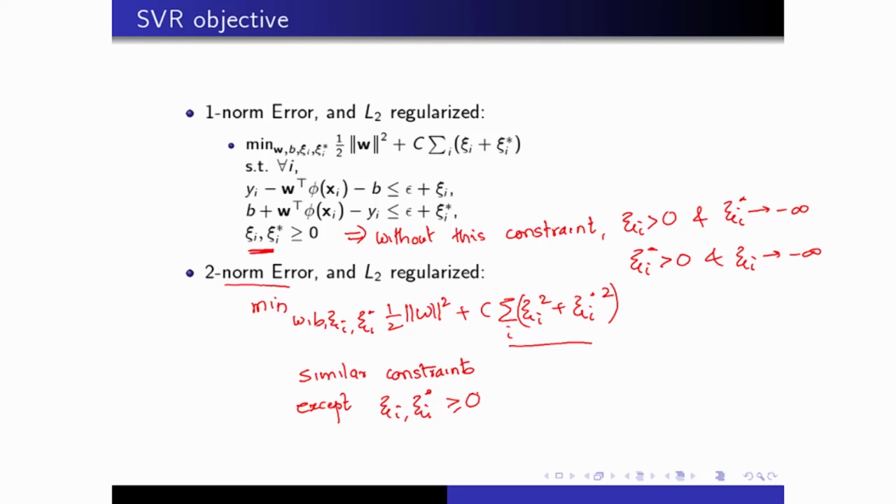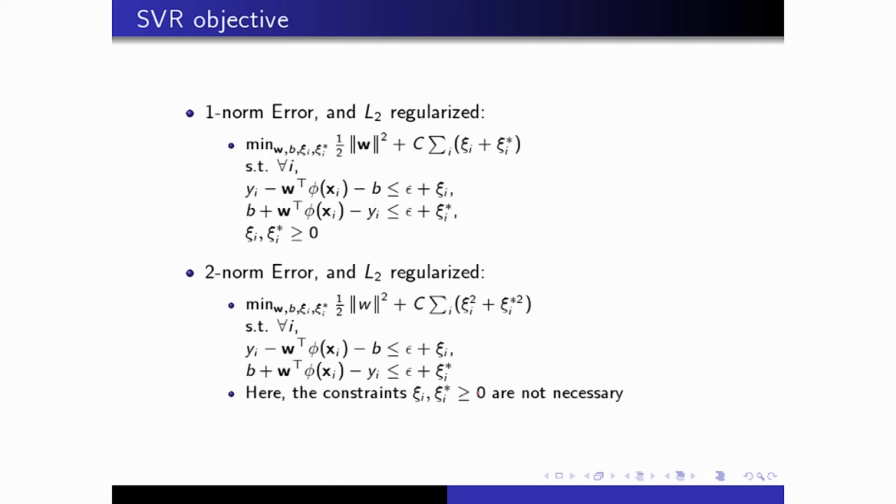So why would you even want these xi's to be negative? It just becomes harder to satisfy those constraints, and the objective isn't happy either. So the constraints xi and xi star greater than or equal to 0 are not necessary, they are implicit.